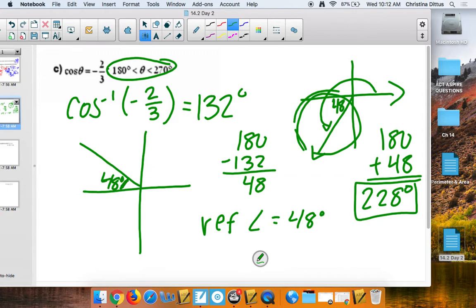If it's more than 90, or less than 0, you got to put it into our positive quadrant 1. Then you just got to put your reference angle where it's supposed to be in your constraint. And then use 180 or 360, add or subtract your reference angle to get the whole angle that you're looking for.